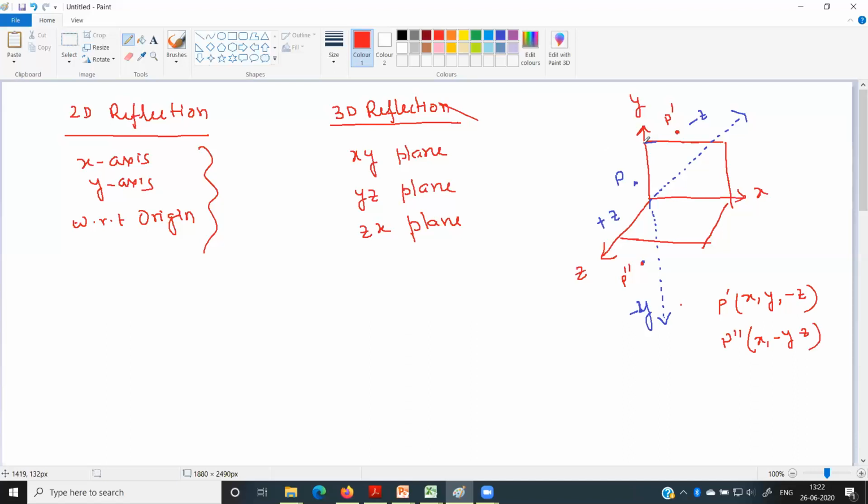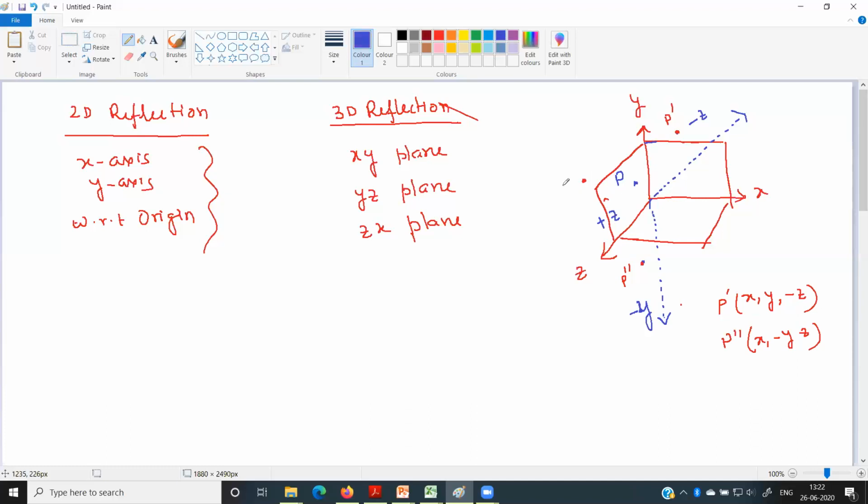Similarly, if you consider this plane, let me draw it straight, this is the YZ plane. So if you reflect this point P in the YZ plane, it will come somewhere here.